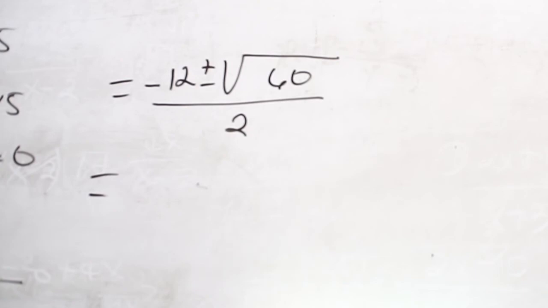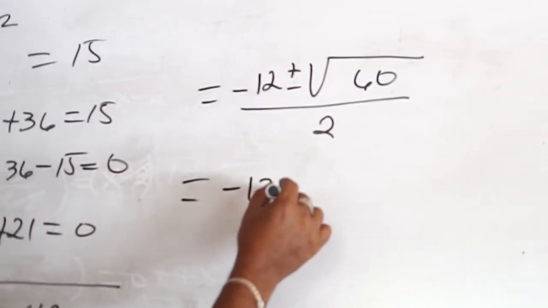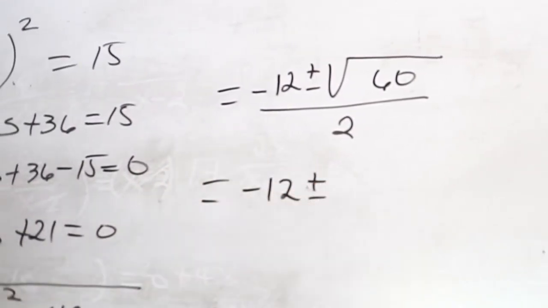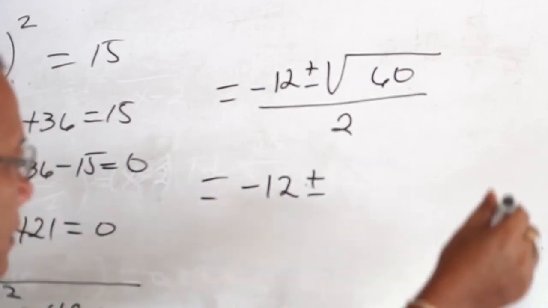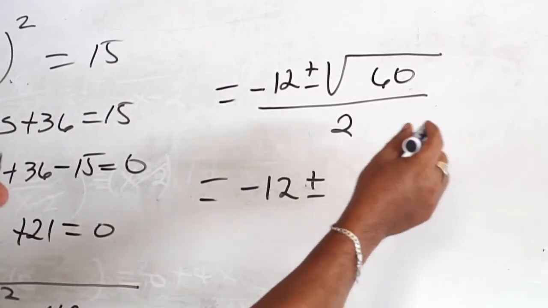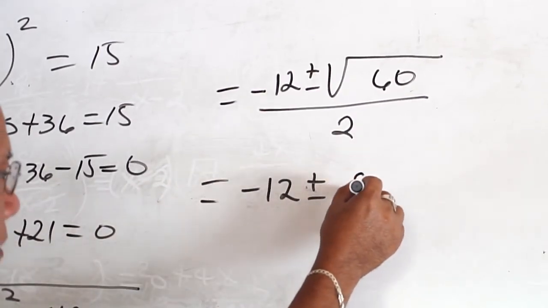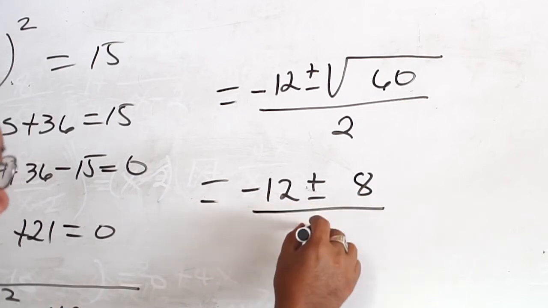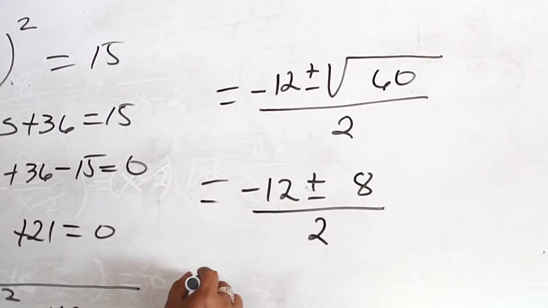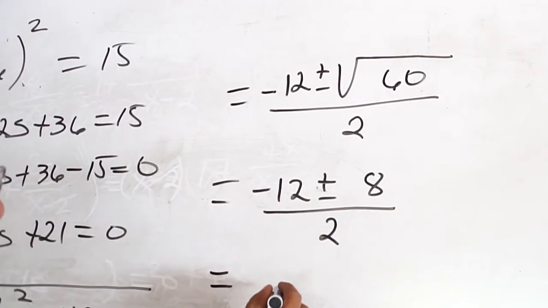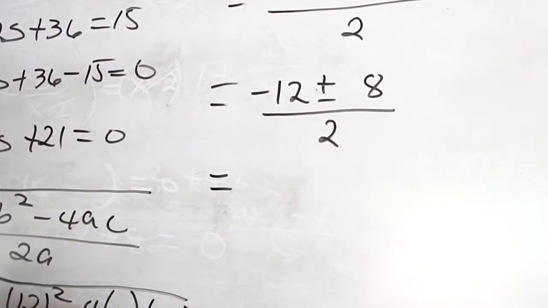Then we have negative 12, then positive and negative the square root of 60 is, okay, we have 7.7. So rounded off, that is 8. Then over 2. Okay, equals. So find the first element.